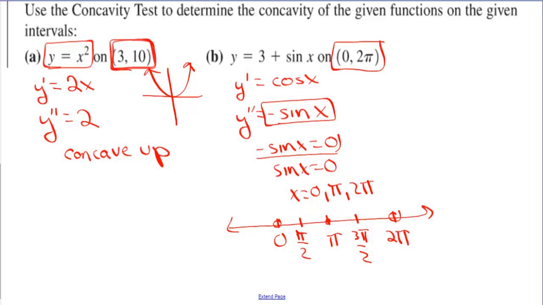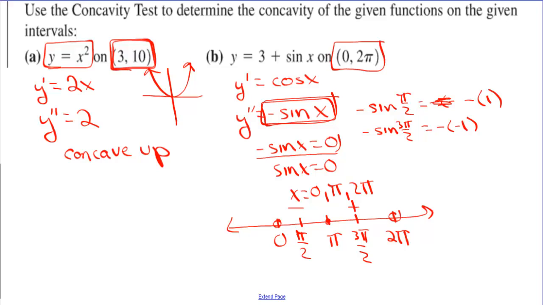The sine of pi over 2 is 1, but we have a negative. So we have negative sine of pi over 2, which is negative 1. So the second derivative is negative between 0 and pi. At 3 pi over 2, we have negative sine of 3 pi over 2. Now remember, we're testing the second derivative. That's negative times negative 1, which is positive. So this graph is concave up from pi to 2 pi.